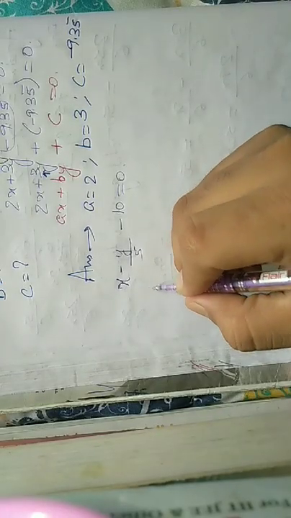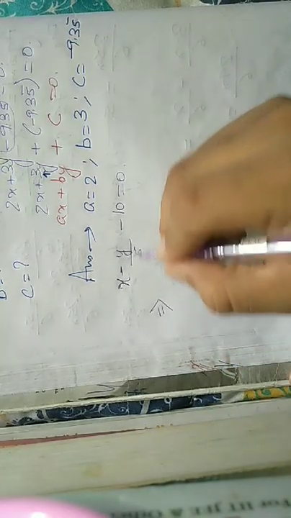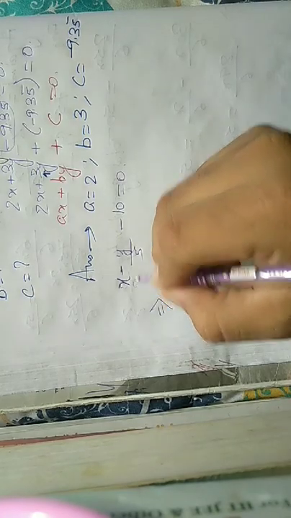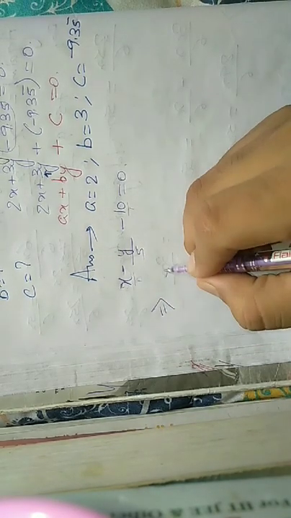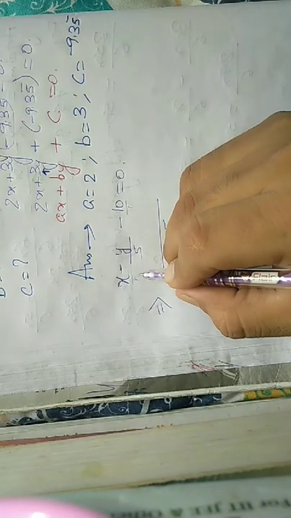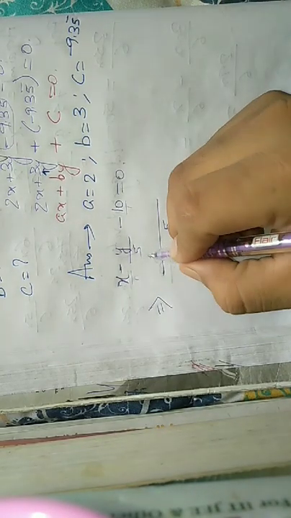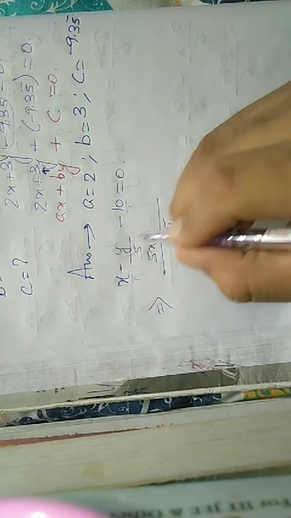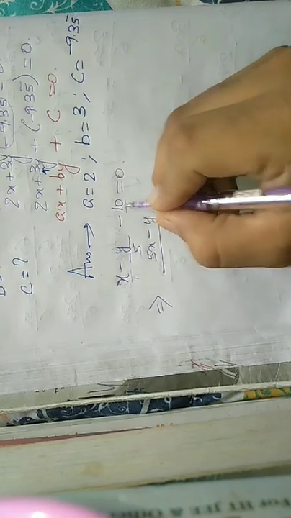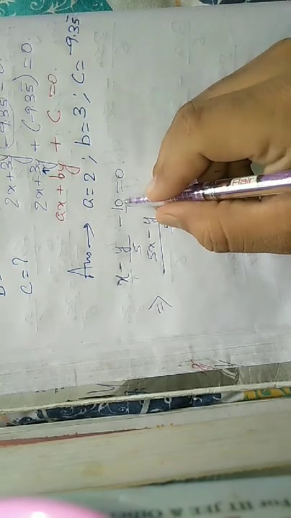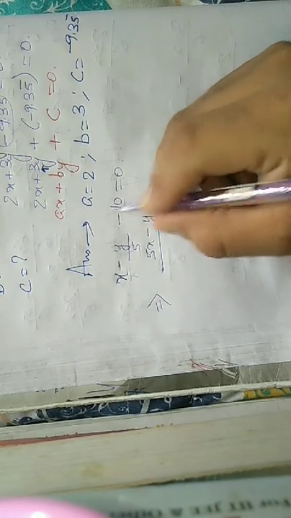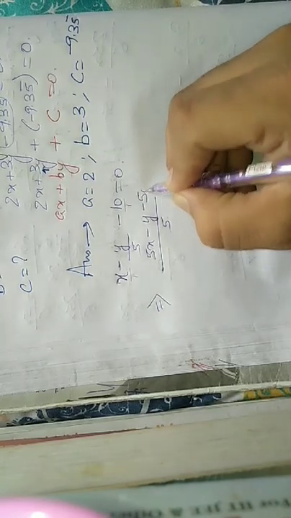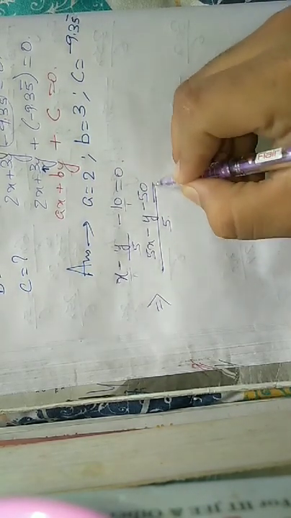What you need to do here is take the LCM. 5 divided by 1 gives 5, 5 into x gives 5x. Minus, 5 divided by 5 gives 1, 1 into y gives y. Again 5 divided by 1 gives 5, and 5 into minus 10 gives minus 50, and this is equal to 0.